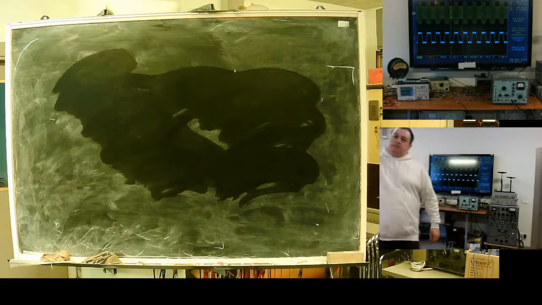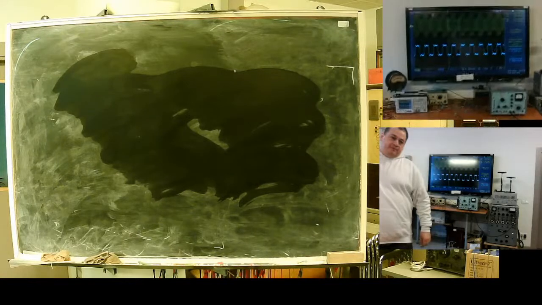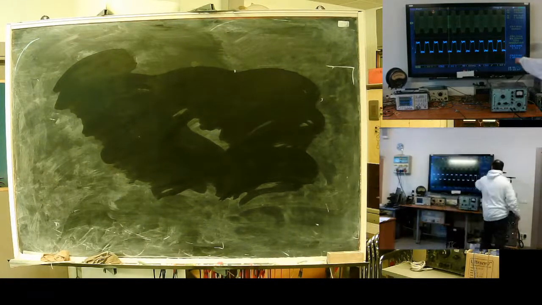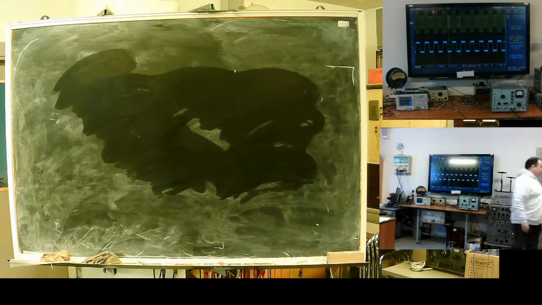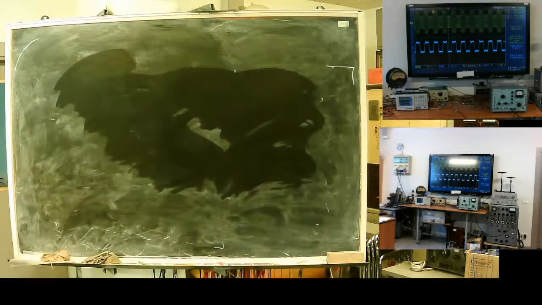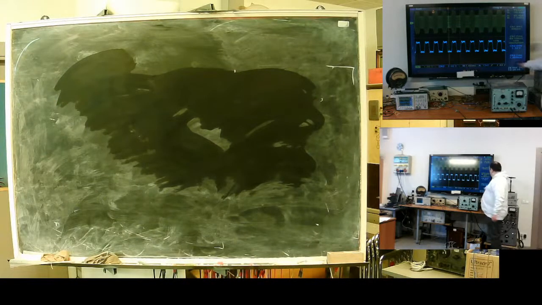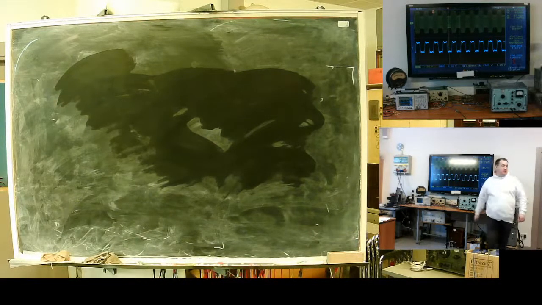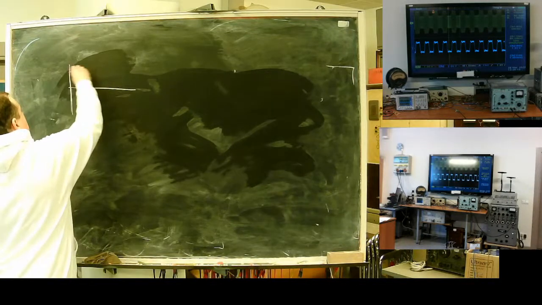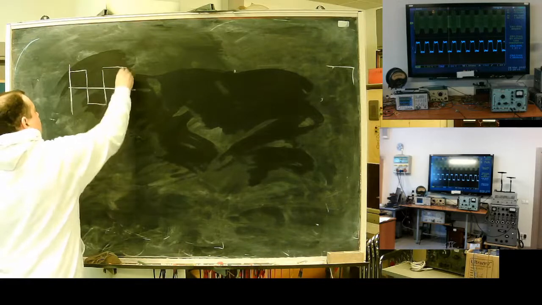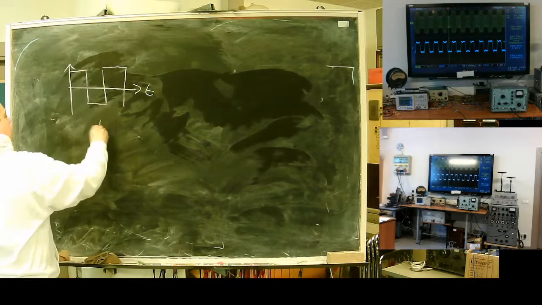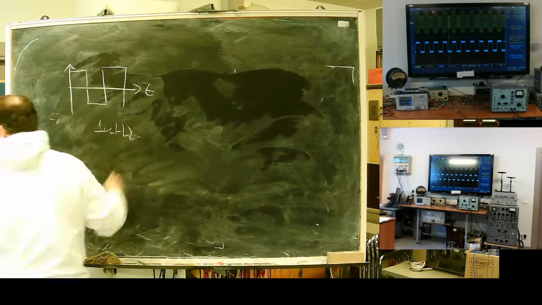One second, I'll get the camera high. It's shown in the blue line here, with a frequency of 1 kilohertz. It's a kind of rectangular signal with a frequency of 1 kilohertz.